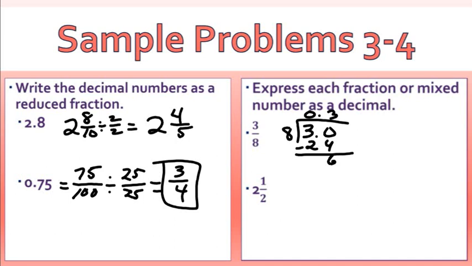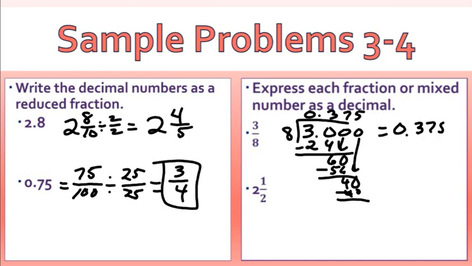Subtract and you get 6. Bring down the 0. 8 goes into 60 7 times. That's 56. Subtract and you get 4. Bring down another 0, and 8 goes into 40 5 times. And so I would have a decimal of 375 thousandths.